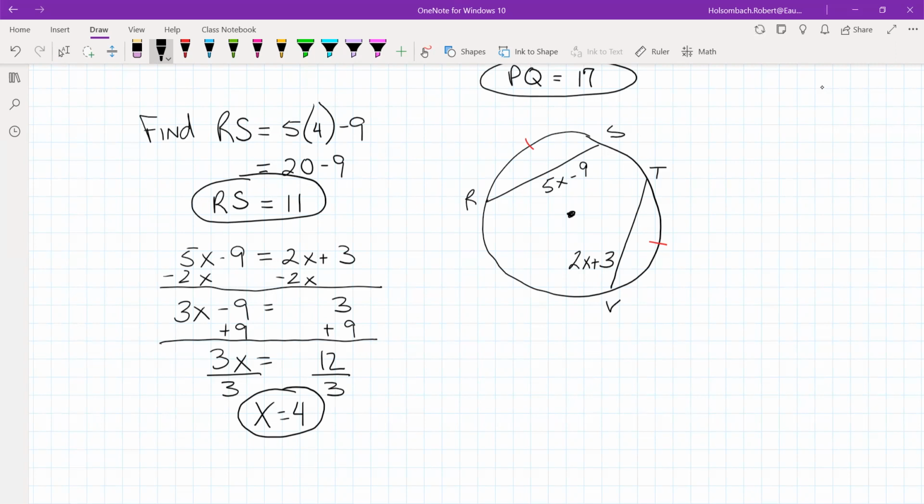All right. Then let's look at page 716, theorems 10.3 and 10.4.